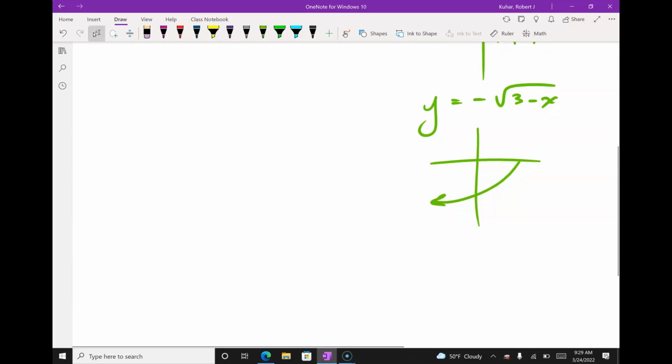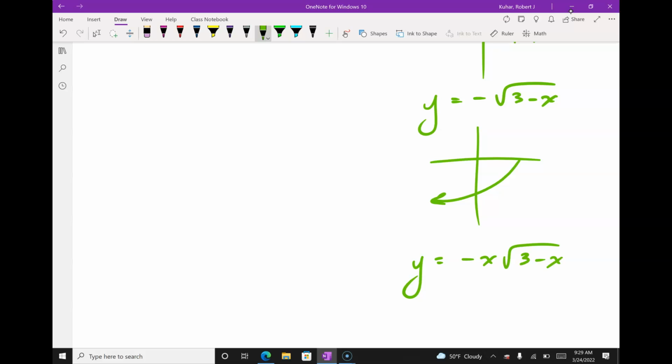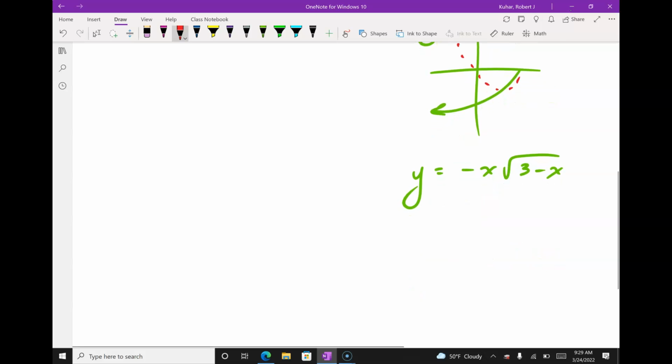And then if I now multiply it by a factor of x, think about what happens when that x is 0. What happens to my curve? It's got to hit 0. So you can kind of see it getting bent like that, from negative 2 to 3.